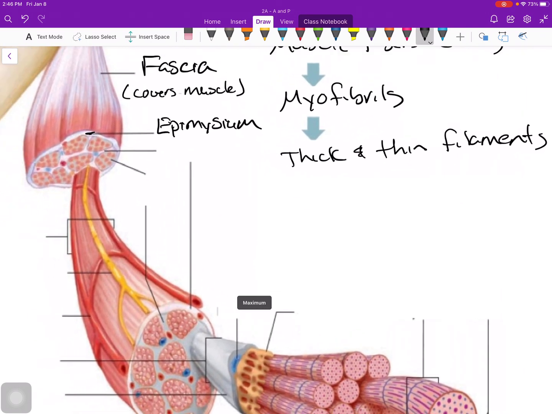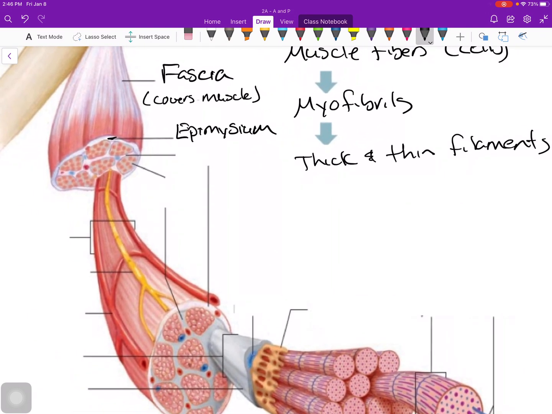If I can make this just a little bit bigger, guys. And then you can see surrounding each of the fascicles, you have the perimysium. And you can see that there, and it's also showing here as well.